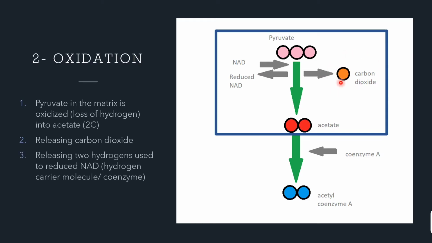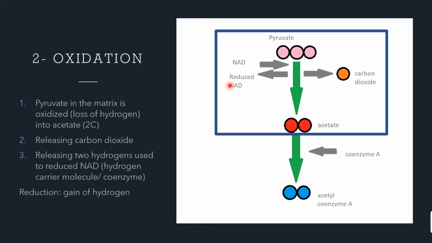Because our pyruvate was oxidized, and this means loss of hydrogen, these hydrogen atoms need to go somewhere. So when it releases 2 hydrogens, these are used to reduce NAD. Our NAD coenzyme comes into our reaction, and this NAD is reduced using these 2 hydrogens into reduced NAD.